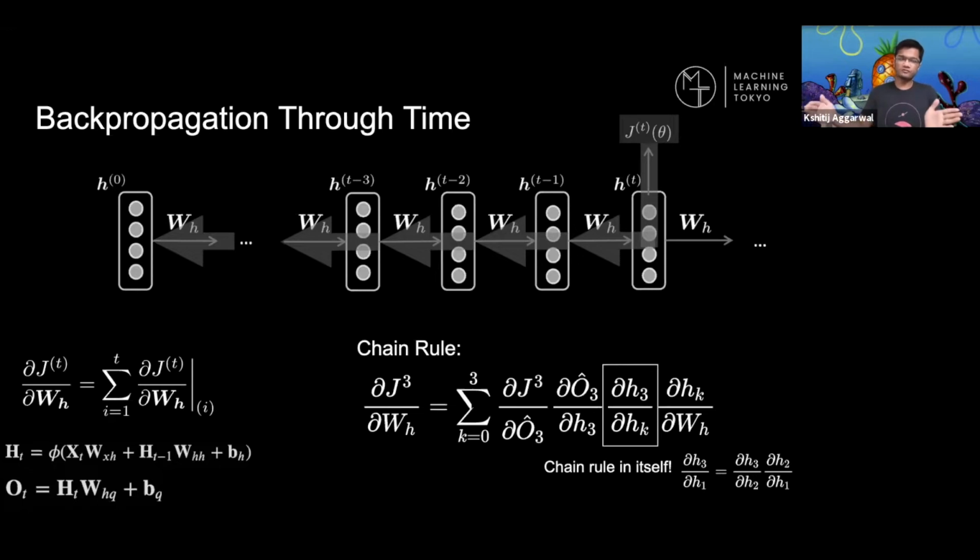So for the sum of all of these different weights, and for each combination of these derivatives, we need to apply the chain rule to calculate the total derivative. So if I want to calculate the gradients at a particular time step, I have to propagate it throughout till the first time step and keep on multiplying all of these different gradients. And this is because the weights W are shared across all the time steps.